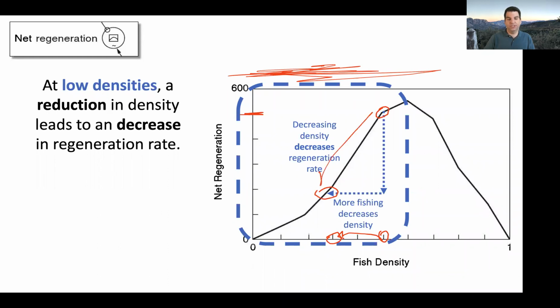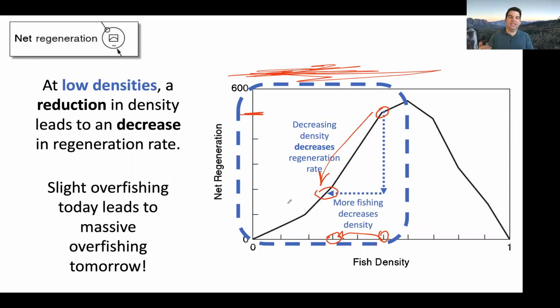And so in this region down here, even slight overfishing today leads to massive overfishing tomorrow. In other words, if the fish are regenerating at this rate, and I'm harvesting at this rate up here, then I'm harvesting more fish than are being regenerated by natural processes.